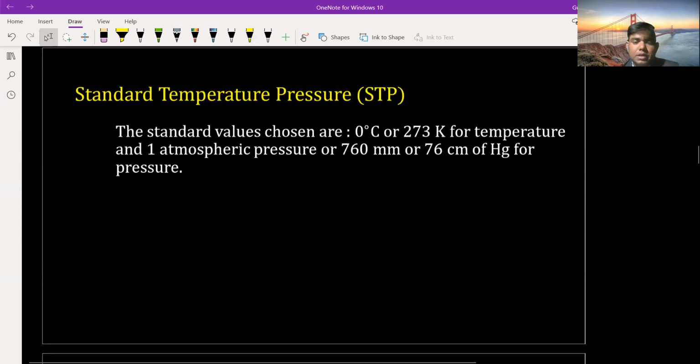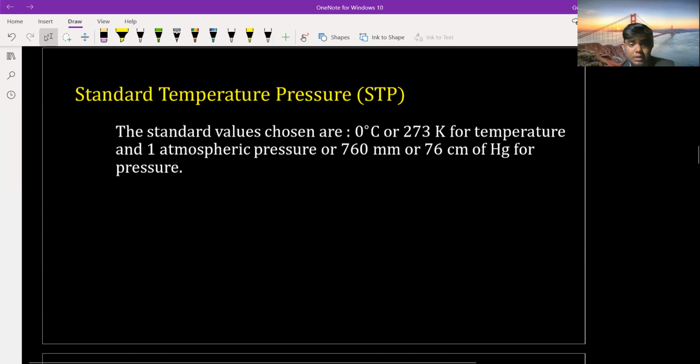Okay, now next is the standard temperature pressure, or STP. What is STP? Since the volume of a gas changes remarkably with changes of temperature and pressure, it becomes necessary to choose standard values of temperature and pressure to which gas volumes can be referred.